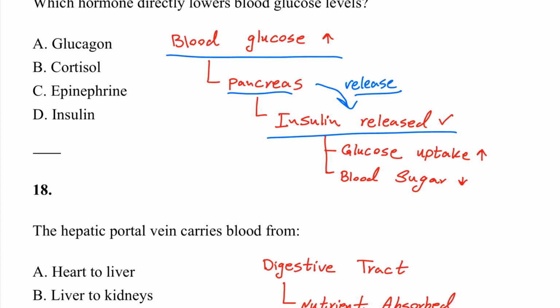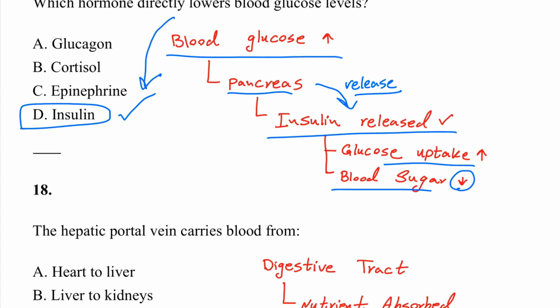Insulin promotes glucose uptake into cells and stimulates glycogen formation. As a result, blood glucose levels decrease. Therefore, insulin is the correct answer, option D. So, which hormone directly lowers blood glucose levels? Insulin.